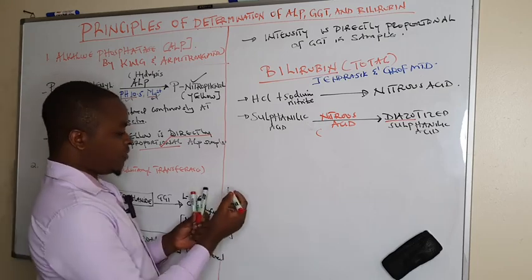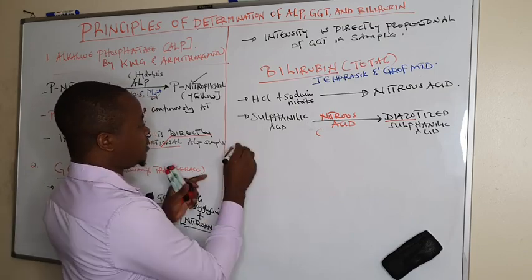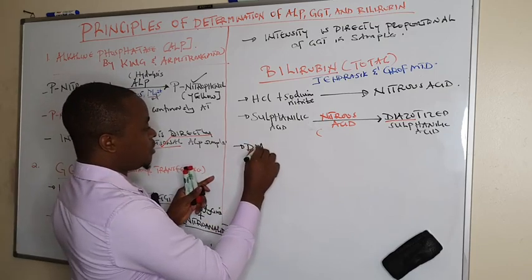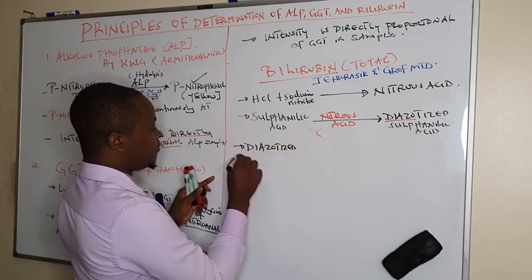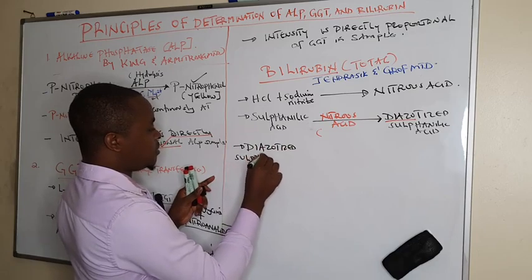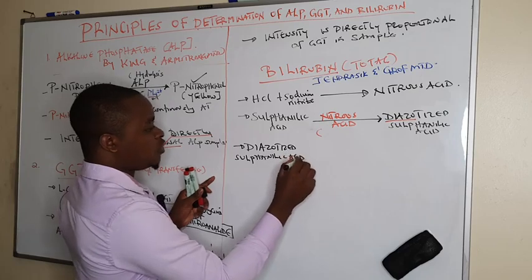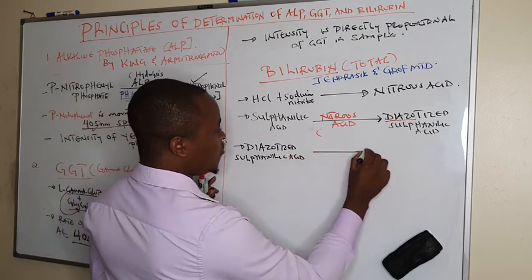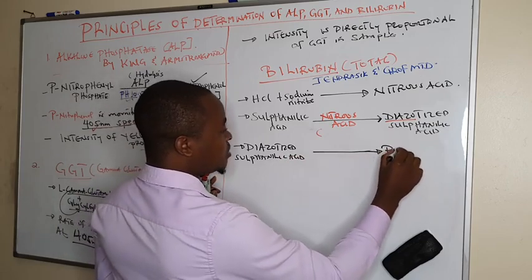we're going to see that diazotized sulfanilic acid is going to be converted to pink azobilirubin.